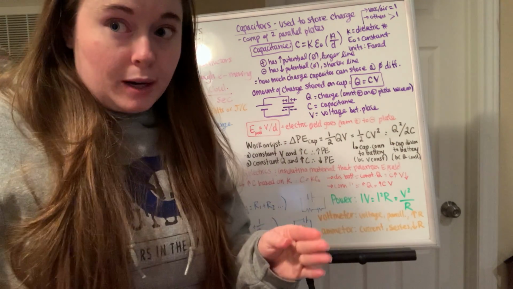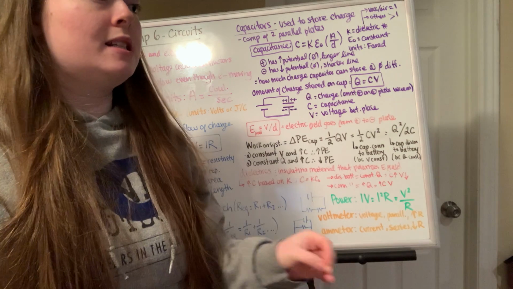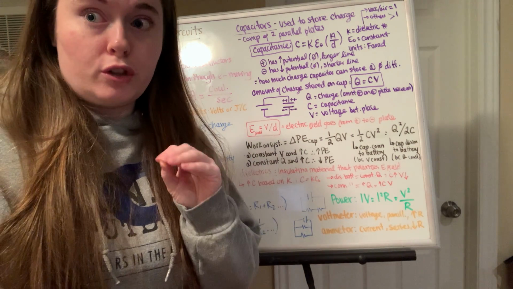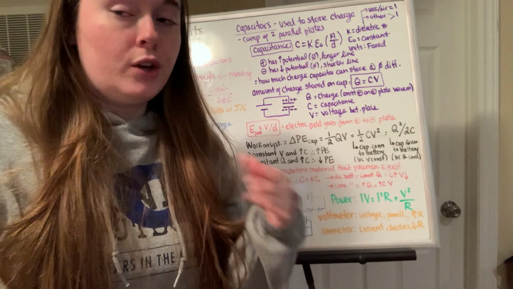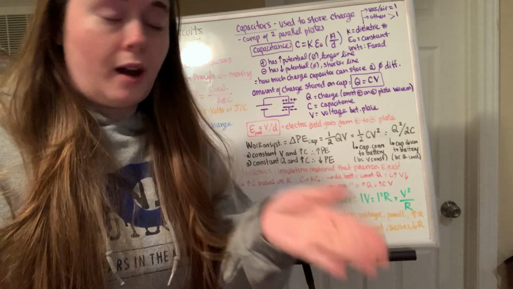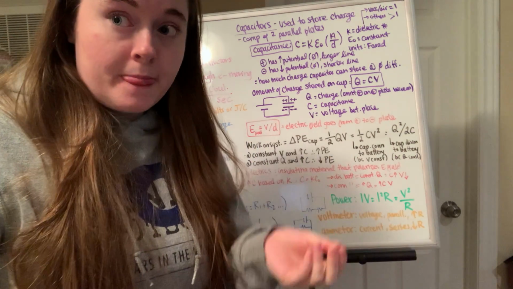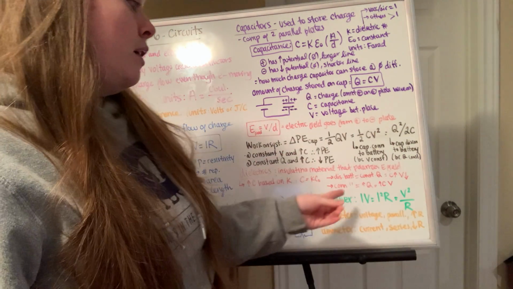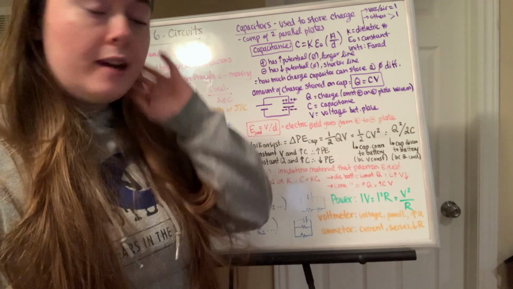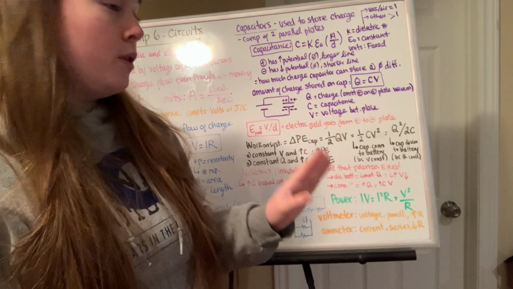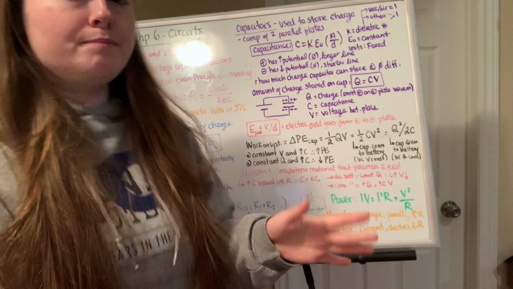The reason that the voltmeter has a high internal resistance is because we don't want the current to see the voltmeter as a pathway that it could take, right? No, we want it to take the regular circuit that we have. We're just using the voltmeter as a measurement, which means that with a higher internal resistance in the voltmeter, the flow will not try to use the wires of the voltmeter as a pathway.